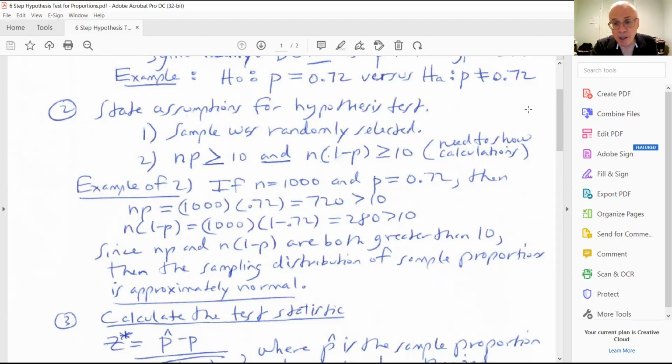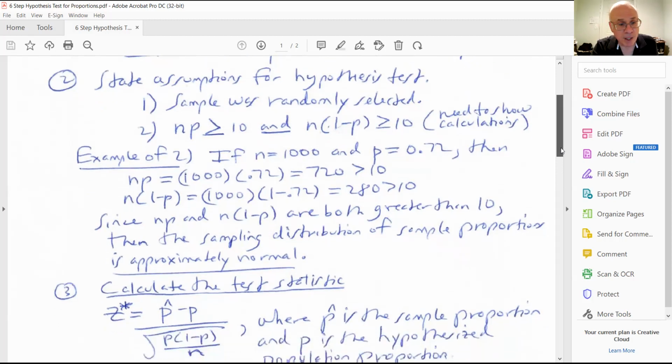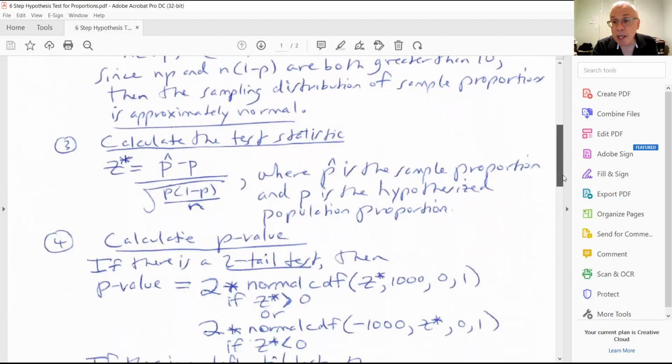All right, let's look at the next, third step. This is where we calculate the test statistic. Well, remember, in chapter 5, we used the standard error. The denominator here was just whatever the randomization hypothesis test stated the standard error was, that's what we plugged in, but now we're going to calculate it.